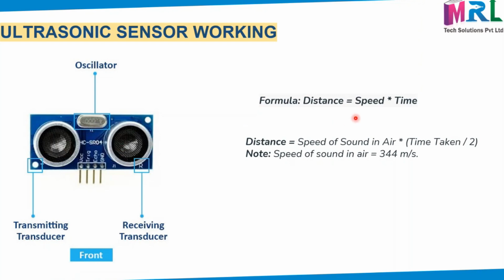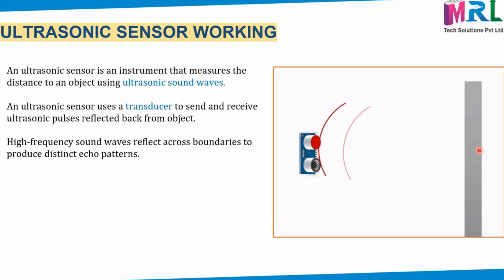How the distance is calculated: we know distance equals speed into time. The speed is nothing but the speed of sound. The speed of sound in air is 344 meters per second. And then time: it is the time taken by the waves to reach the object and come back to the ultrasonic sensor.